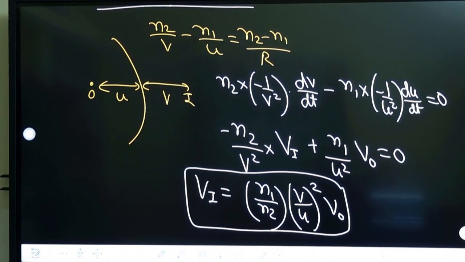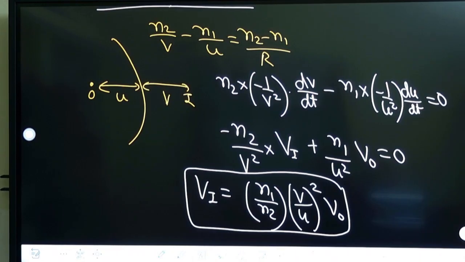I think in the book they have made a mistake. They have written dv by dt is n1 by n2 v by u whole square, that's correct, but I think they have made a mistake here.